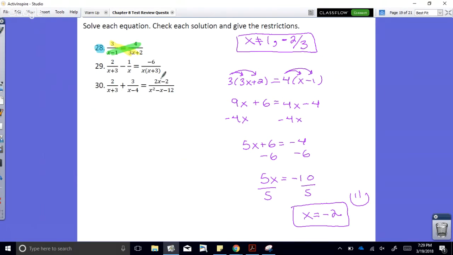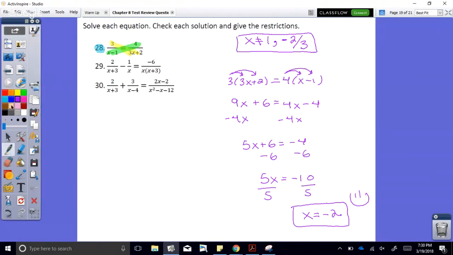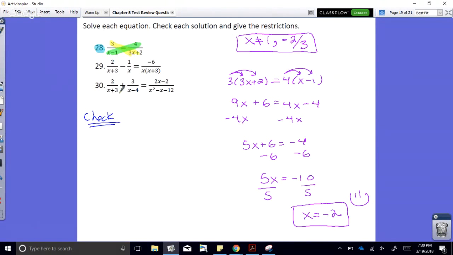Okay, if you wanted to check, I'll show you one of these real quick. But you could plug back in and see if it works. So I have 3 over negative 2 minus 1. And we're going to say, okay, does that equal 4 over 3 times negative 2 plus 2?